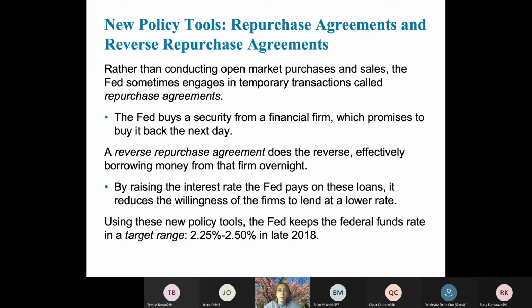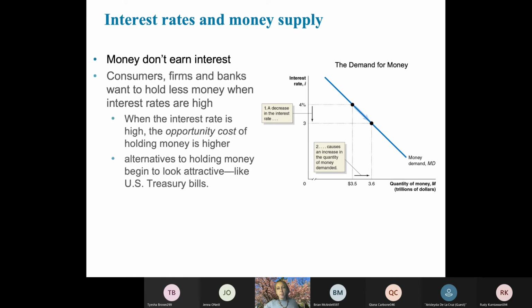So repurchase agreements, we're not going to go into that, but it's an extra way to conduct monetary policy nowadays, as sophisticated as we are getting. And not even all economics books include the new tools.